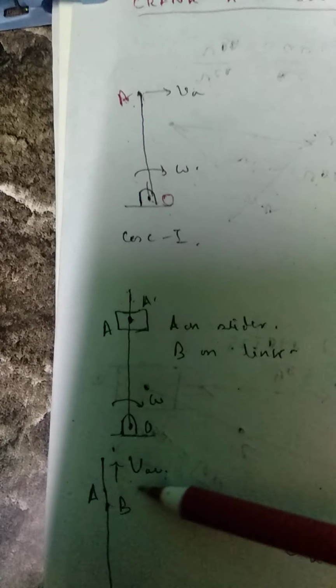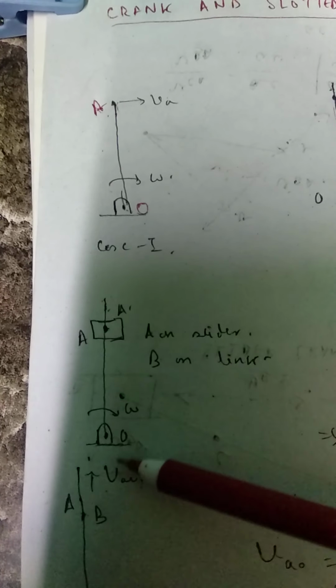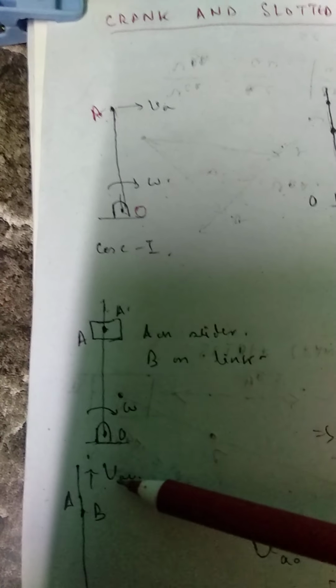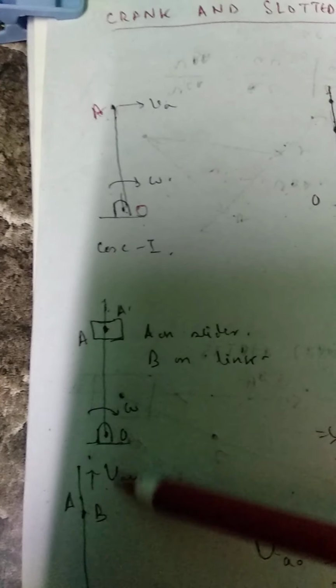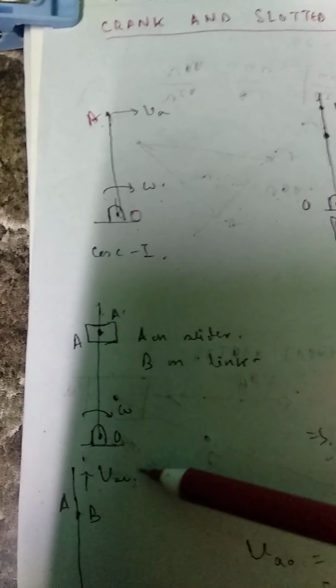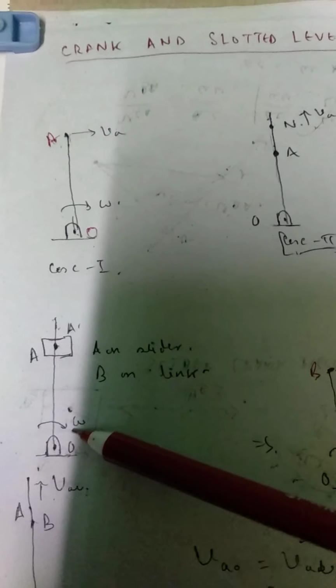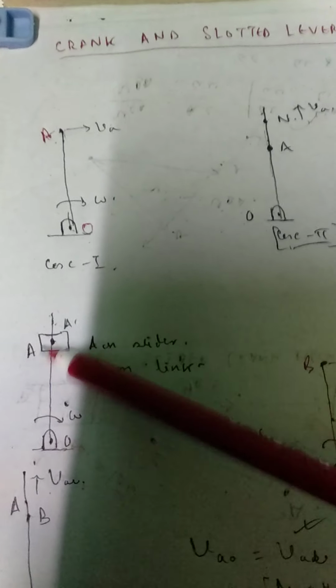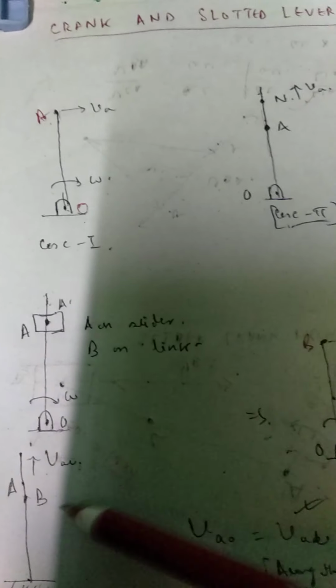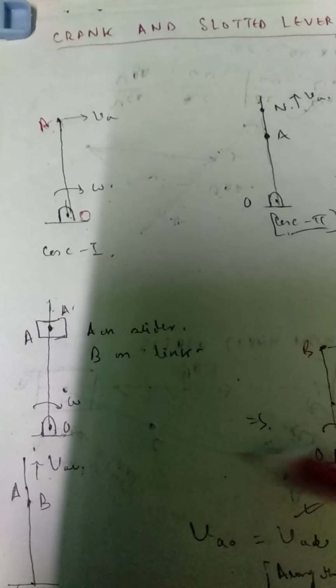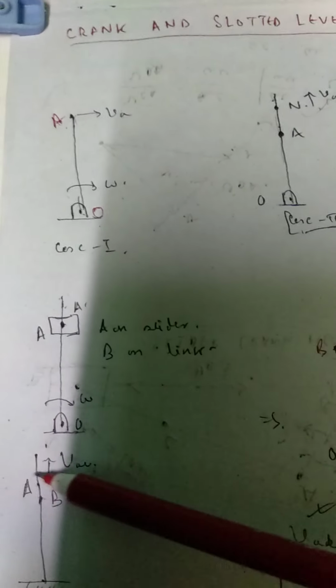The velocity of point A with respect to the fixed point B is given by VAB. So this situation can be divided into these two cases, first considering only point B and then point A.